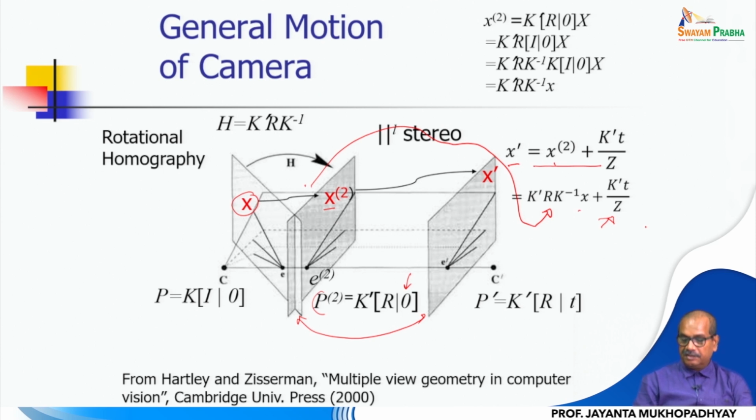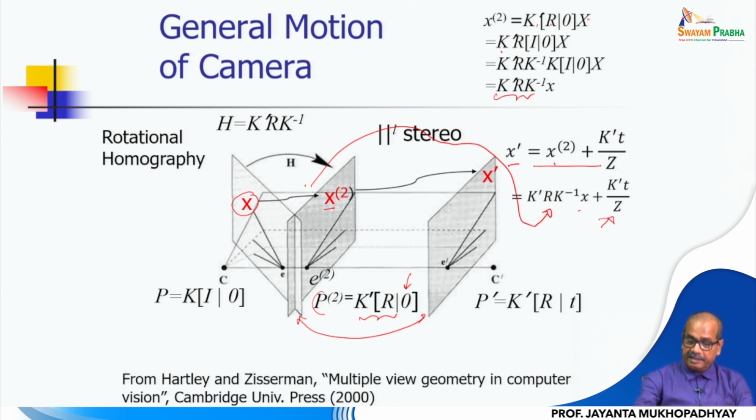So this is a parallel stereo, and once again it shows how this homography could be K prime R K inverse. It follows a similar logic to what we considered for the case of plane-induced homography, but here it is easier to see that X2 is also an image of the scene with this camera matrix. So it is K prime R0 X, because that is how the homography is established. They are the image of the same scene point.